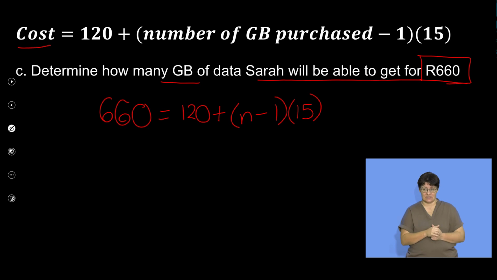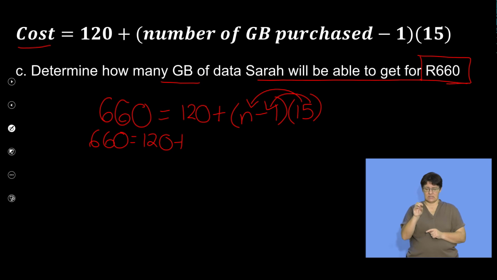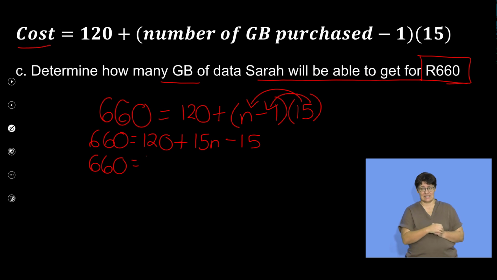Great, so now I'm going to solve this as a linear equation. I'm going to have 660 is equal to 120. Distributing this 15 that way, I'm going to have plus 15n minus 15. So I'm going to have 660 is equal to 105 plus 15n. Then if I take the 105 over, I'm going to have 555 is equal to 15n.